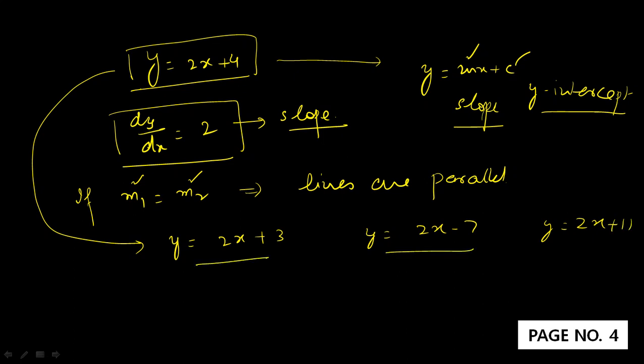You can write many equations by changing this value only. It means I can generalize this content. I can write y = 2x + c, where c is any integer value.